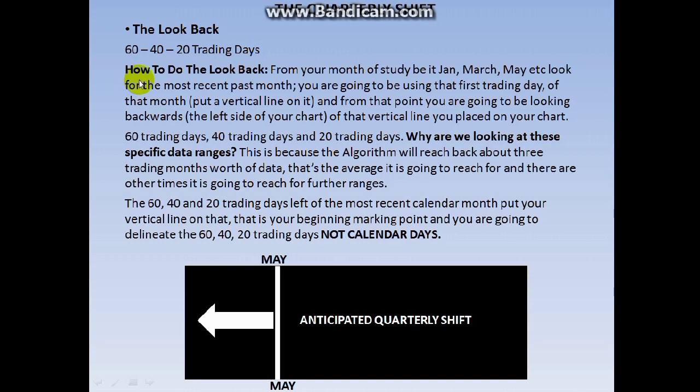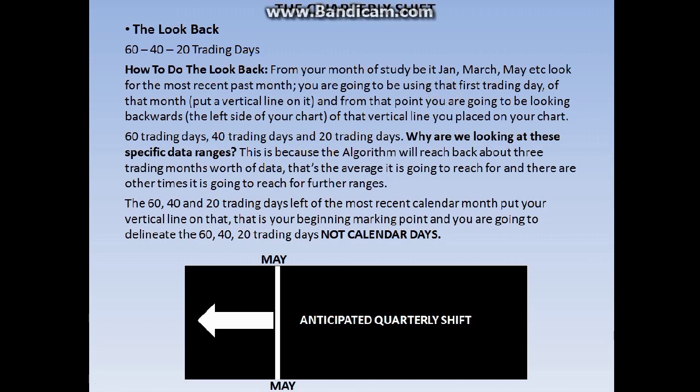From your month of study, be it January, March, May, or any of the months, look for the most recent past month. You are going to be using the first trading day of that month.